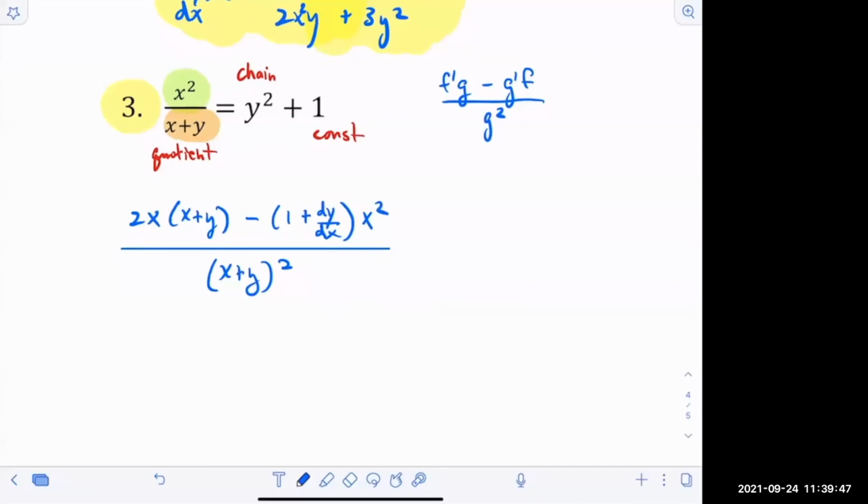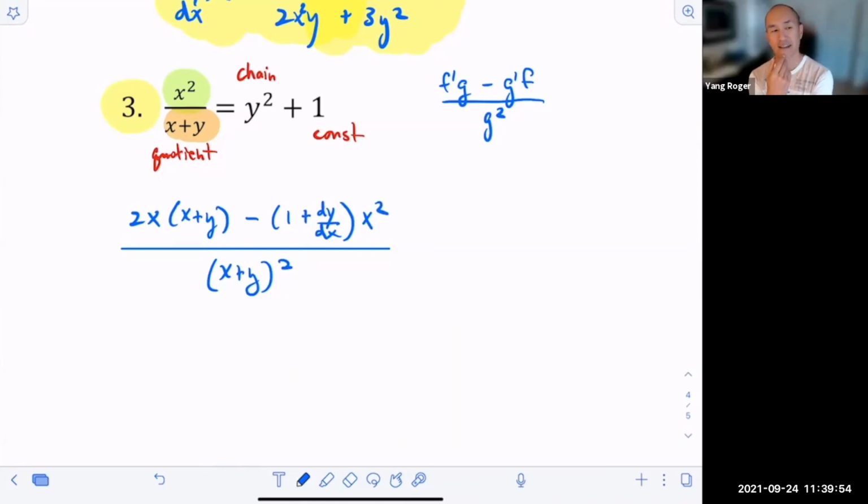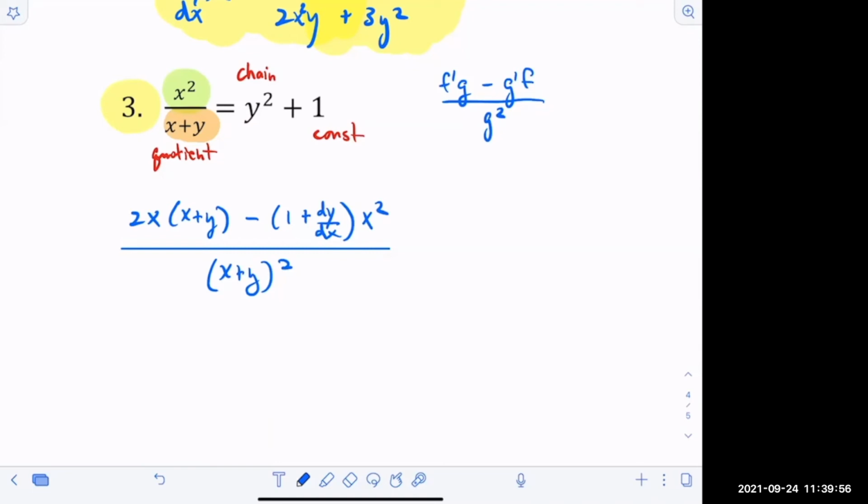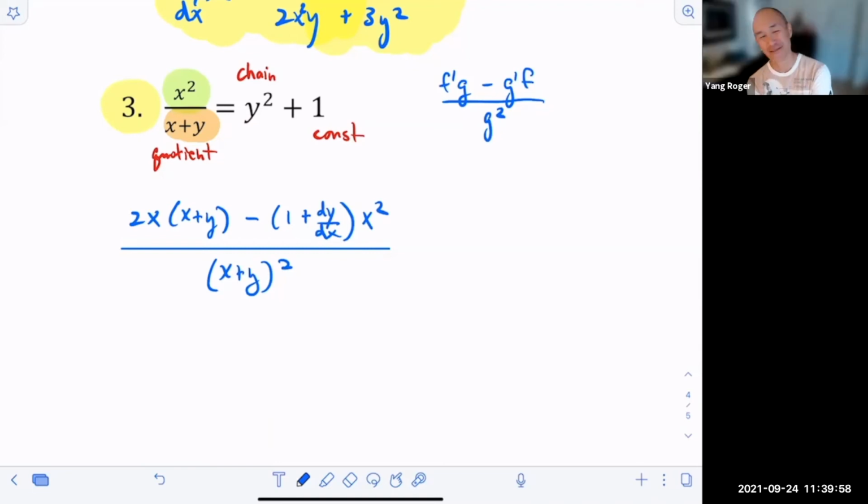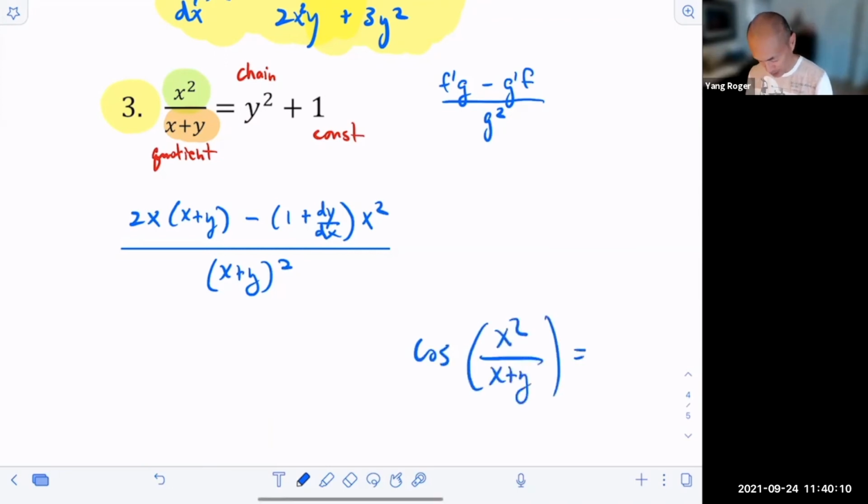Professor, in this situation, could we like multiply x plus y on the other side? Yes. But would you want us to use the quotient rule? I mean, I was trying to get you to use the quotient rule. But I can force that to happen by doing something like, if I change the question to cosine of x squared over x plus y equal to y squared plus 1, then that would force you to use the quotient rule because it's stuck inside of a cosine.